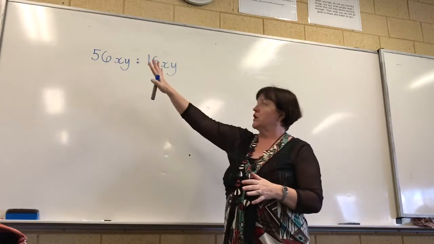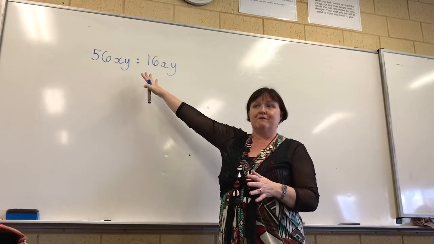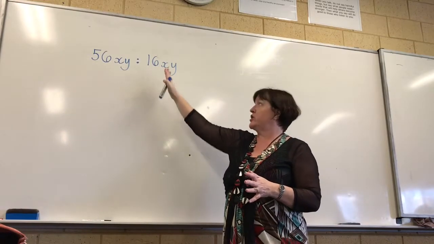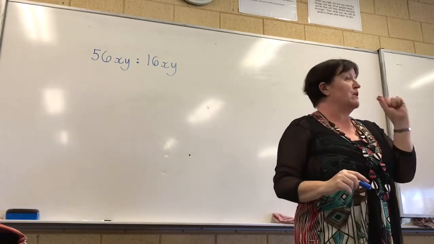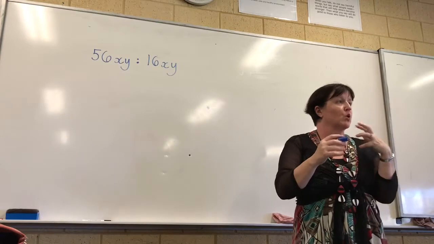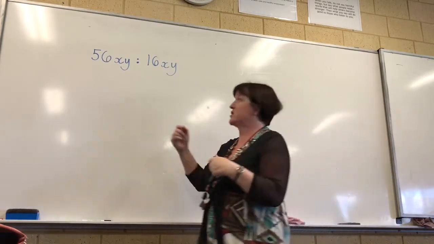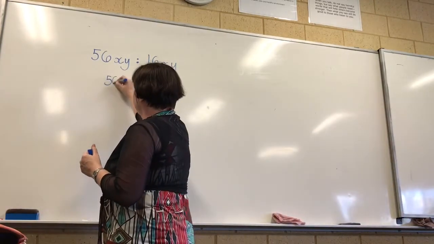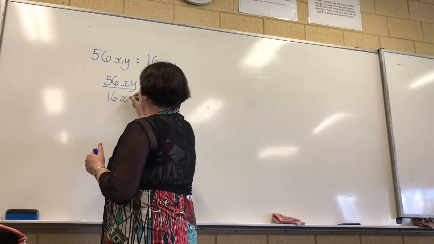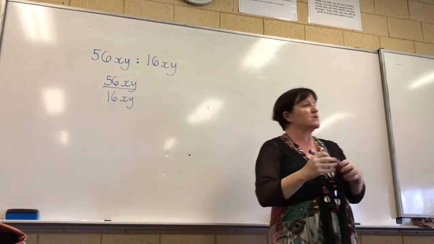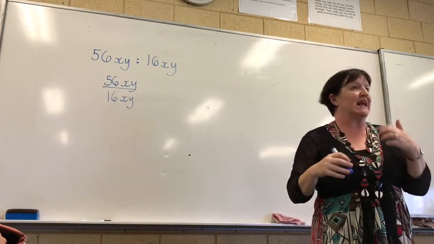So we've got 56xy to 16xy. Now, if you remember that these ratios can also be expressed like a fraction, if you do that, 56xy over 16xy, it shows why we can do what we can do with the letters.